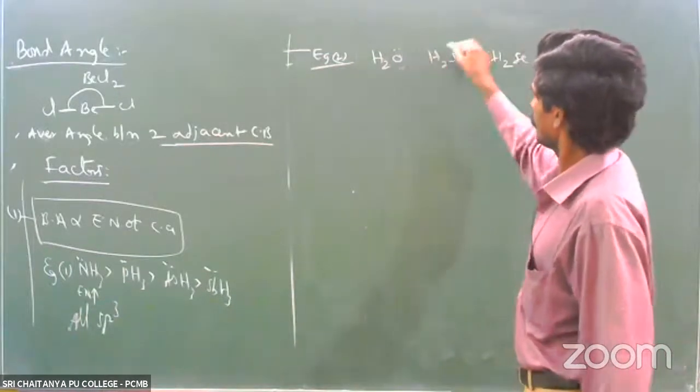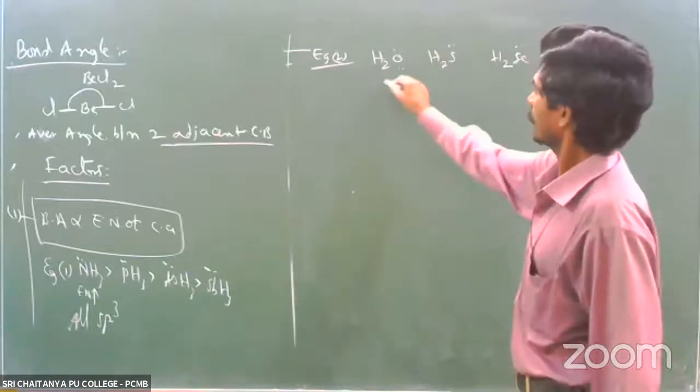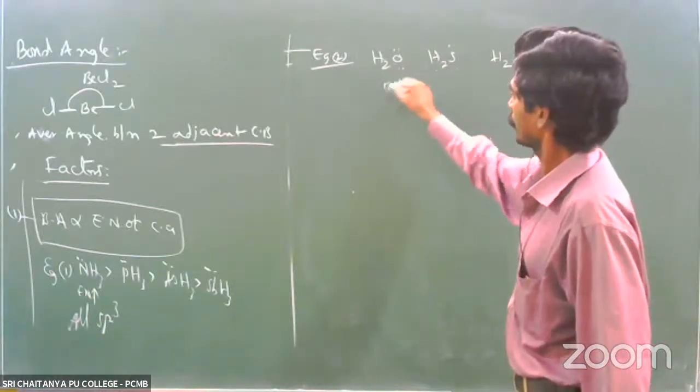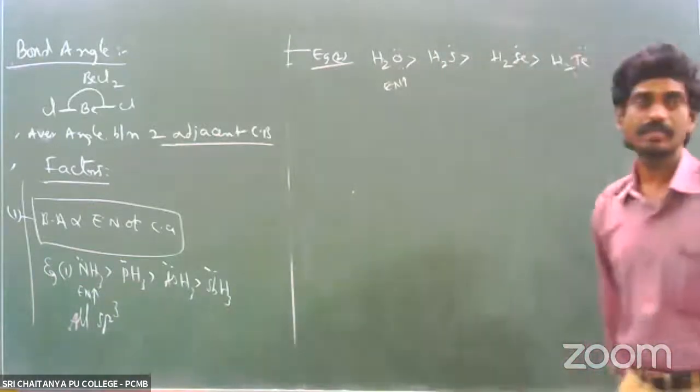No doubt in all these molecules lone pairs of electrons are present, but oxygen's electronegativity is more. That's why we have more bond angle.